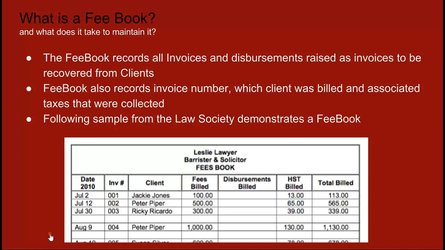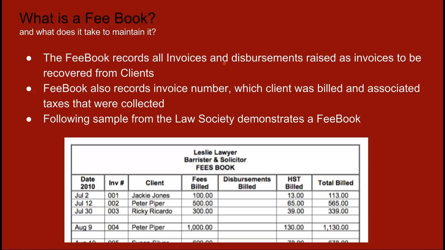Okay, and this is a great document to have anyways, right? And what is this fee book? The fee book records all of your invoices and disbursements. Very important that it's not just the invoices of your fees, of your legal fees. It's also the disbursements that have been raised as part of the invoices as recoverable from the client.